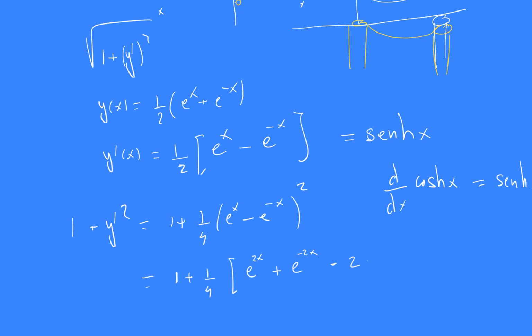The first, e to the x, multiplied by e to the minus x is e to the 0, which is 1.